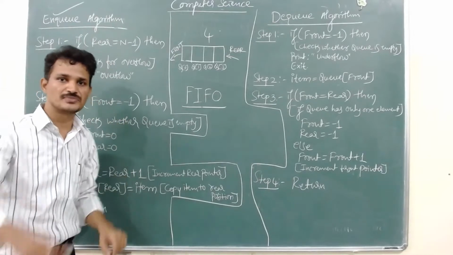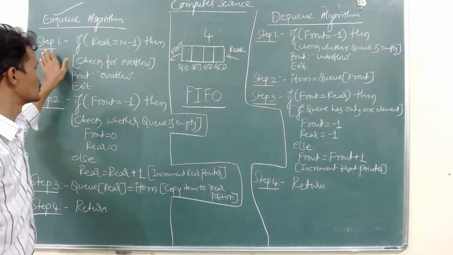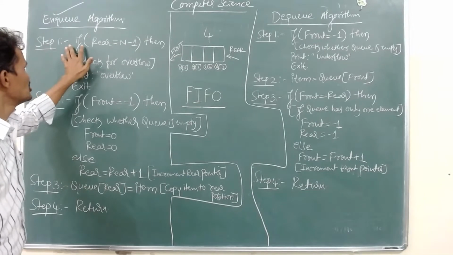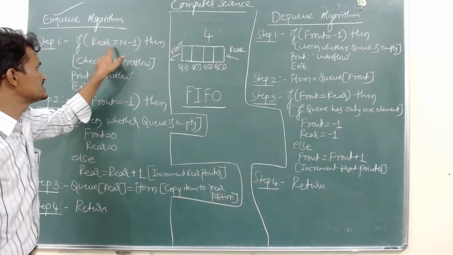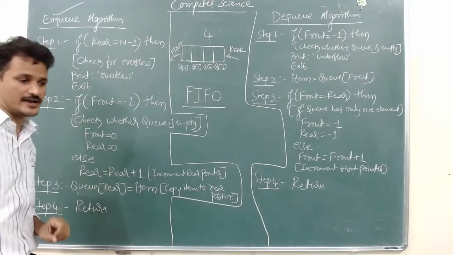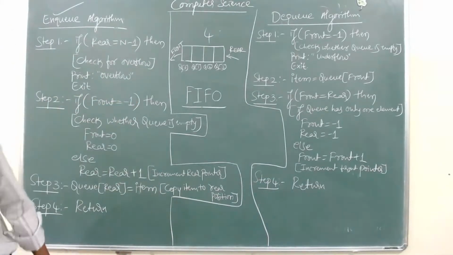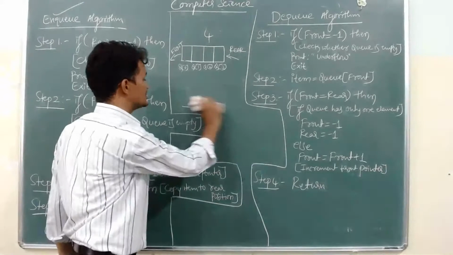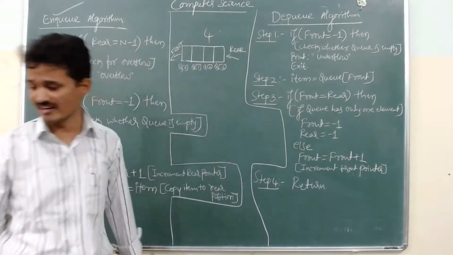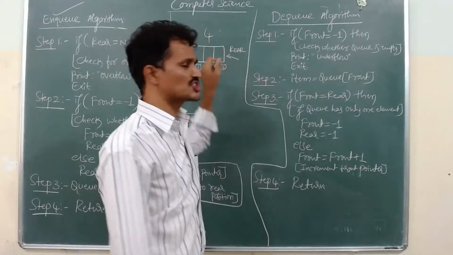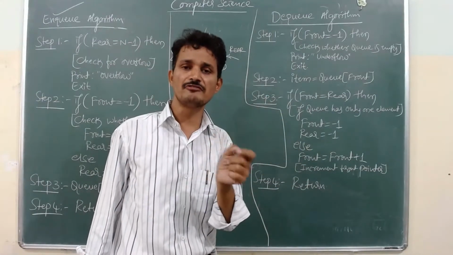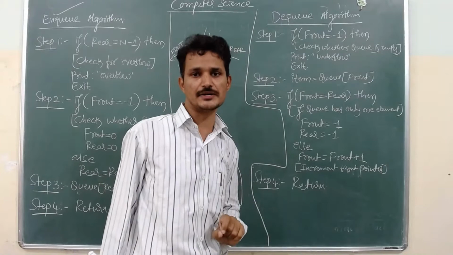Have a look at the Enqueue algorithm, at the first statement. Step 1: if rear is equal to n minus 1. Let me tell you something first. When the queue data structure is initially empty, what is the value of front and what is the value of rear?